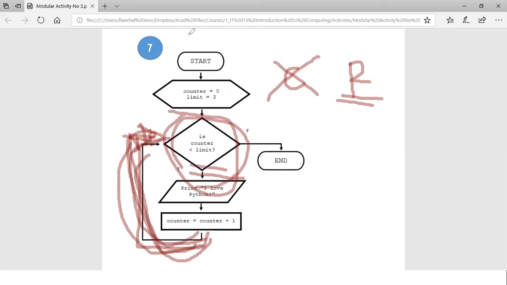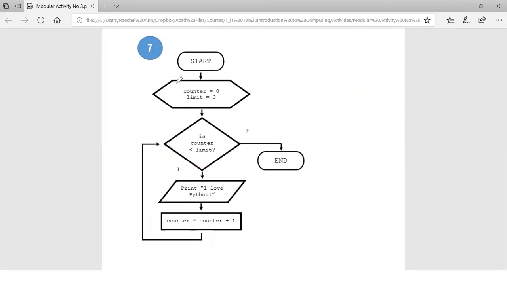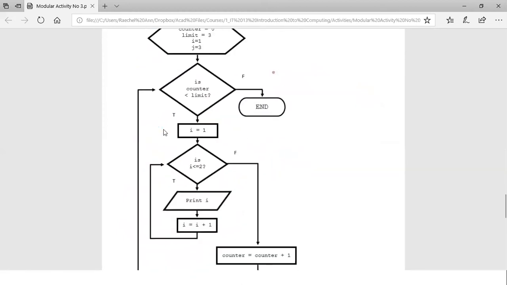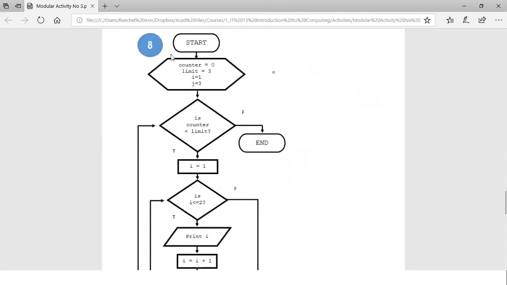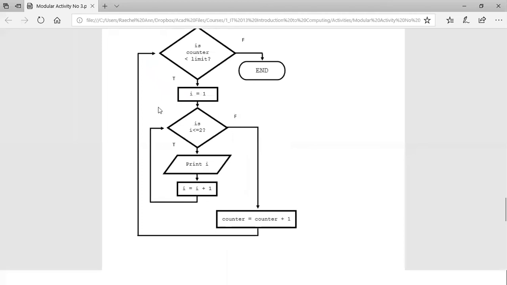Okay? Also with number 8. 8 has a decision, pero hindi yan conditional. This is an example of repetitive.